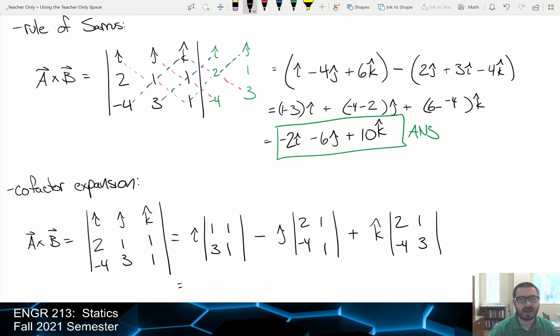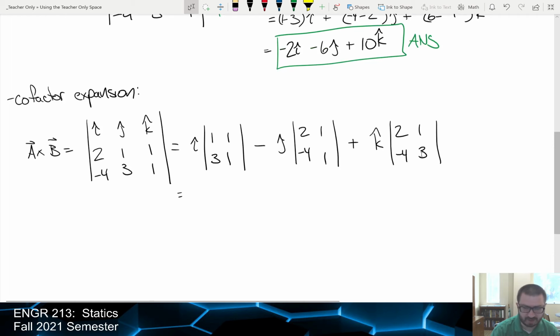The reason why I like this so much is because I don't have to do a bunch of collecting terms. I've got i times a value, j times a value, k times a value. So I think it makes the factoring a little easier. So we have i times, and now you just have to do your 2 by 2 determinant.